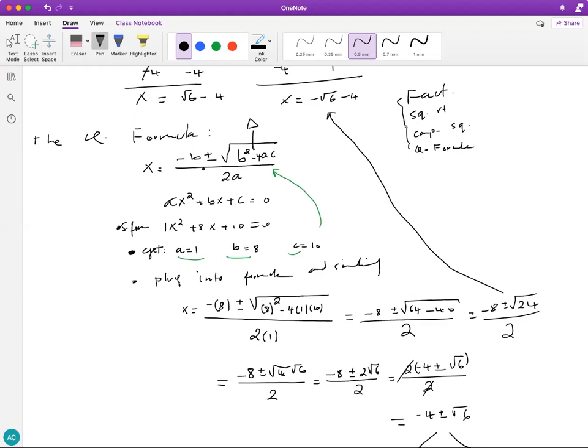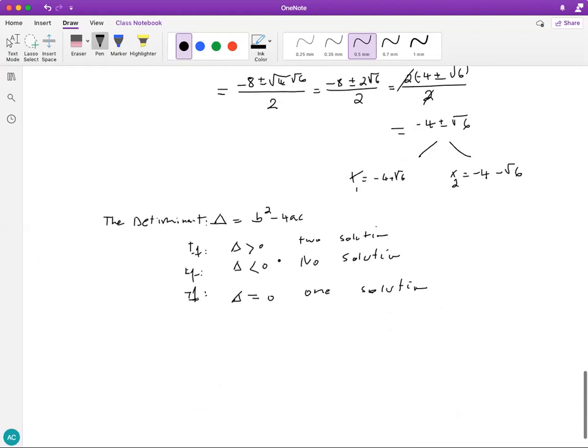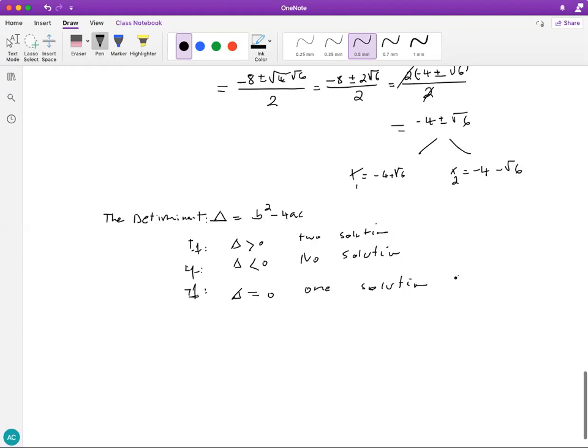If the whole radical is 0, it's gone. These two signs also are gone. So what is left in this formula? That's right, that's minus b over 2a. That's very easy to find. So there's one solution. That solution is x, just x, not x1 and x2, negative b over 2a.